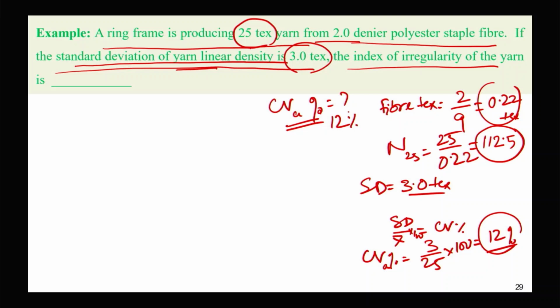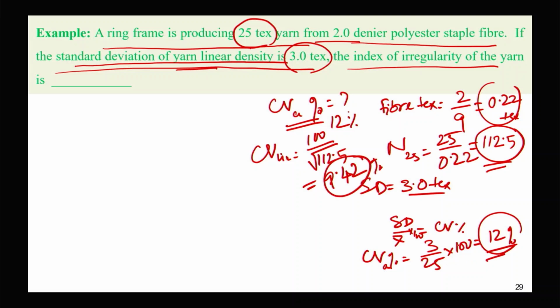And the CV limit: we have calculated the number of fibers, so the CV limit is 100 by root 112.5, which is 9.42%. So we have the actual CV and the CV limit. The index of irregularity will be actual CV divided by 9.42, which is 1.27, the required answer.